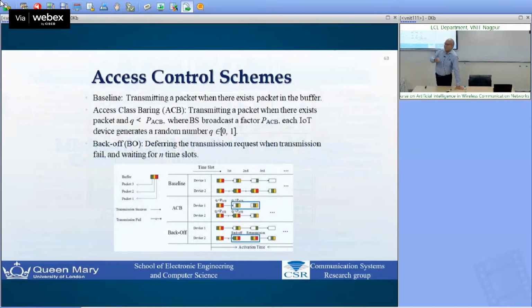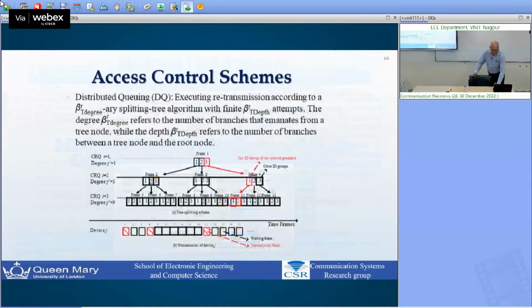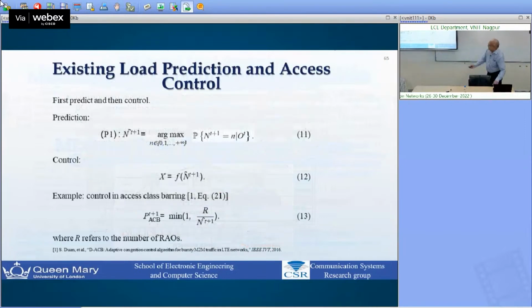To control, we have to predict the load. Once you predict the load, the ACB factor is going to be this one, where R is the number of preambles available and this is the load. Which one is the minimum?